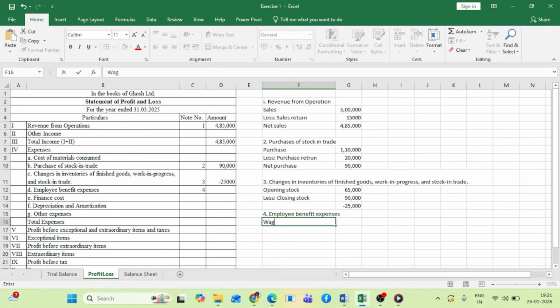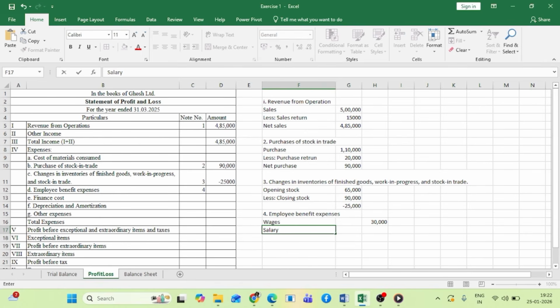One is your wages. The amount of wages is 30,000, and the next one is your salary. Okay, now you need to keep your eyes on the trial balance as well as the adjustment. So if you see the adjustment, the last adjustment is outstanding salary of rupees 10,000.